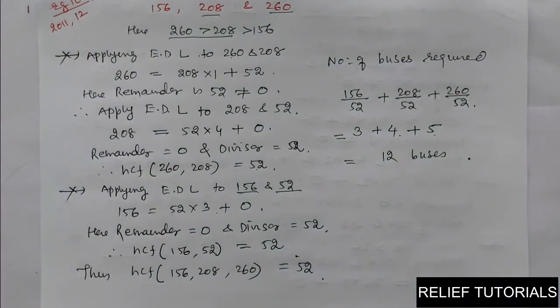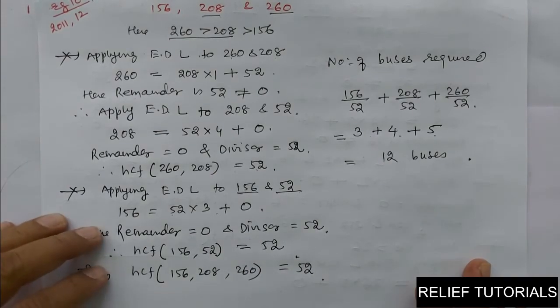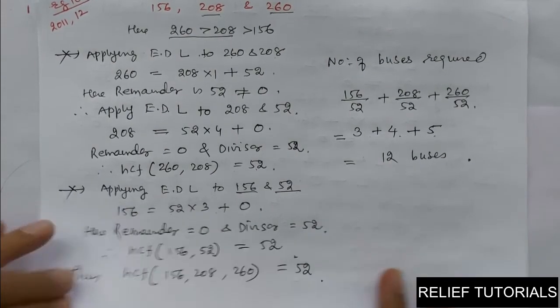Have you got it? So with this we have completed our topic of finding HCF. So HCF is over. Now we will learn few important problems. Proof problems. These are the most difficult part of your chapter.